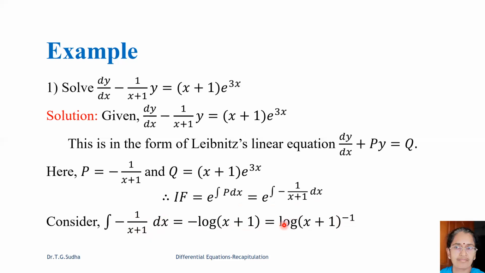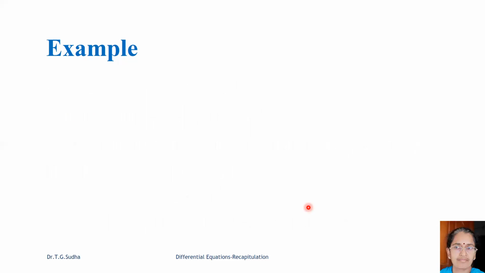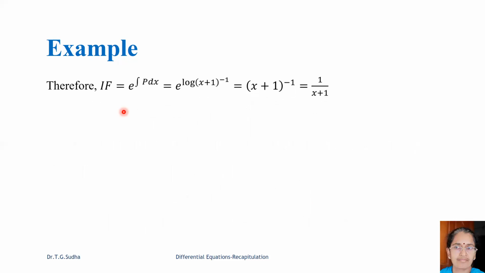Now let us substitute this value in the integrating factor. So we obtain integrating factor is equal to e to the power of integral p dx, and integral p dx on solving was obtained as log of x plus 1 to the power of minus 1. And we all know that e to the power of log x is x.